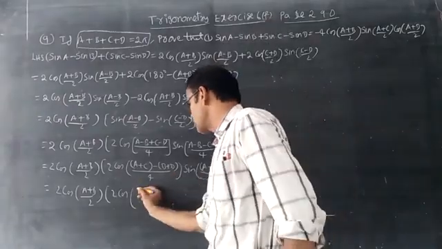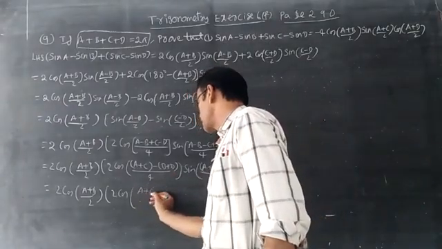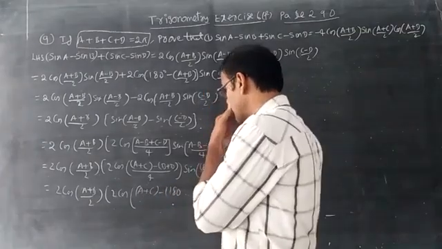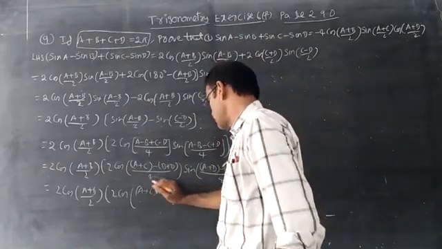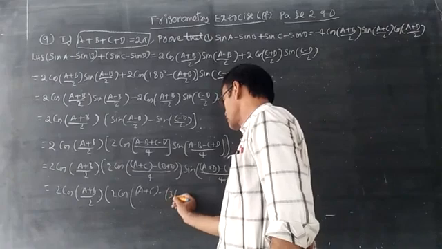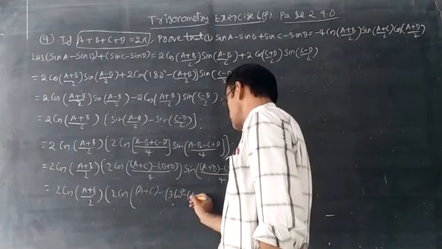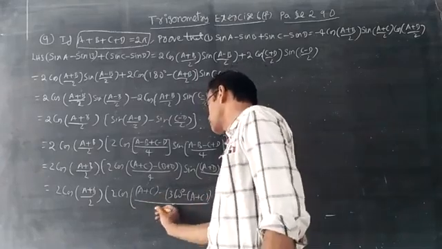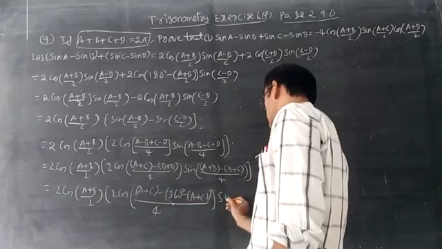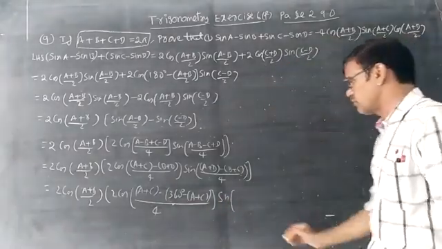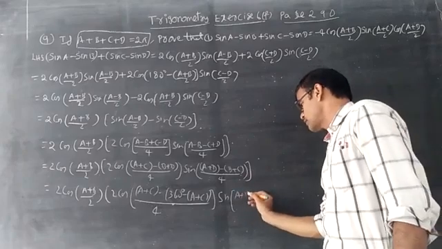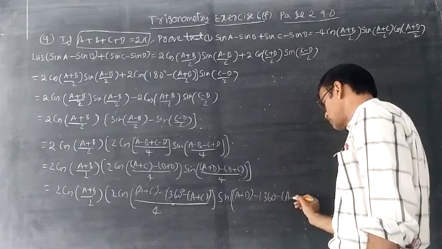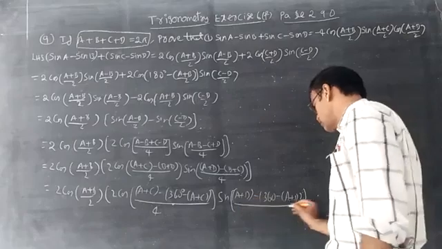So this b plus d can be understood as 360 minus of a plus c, so 360 minus of a plus c whole by 4 into sine of, here a plus d form is asked, so sine of a plus d minus this b plus c, which can be understood as 360 minus of a plus c, whole by 4.